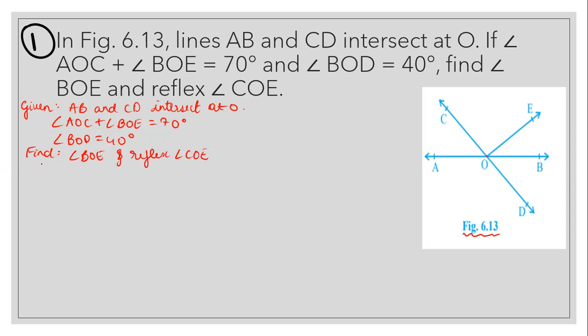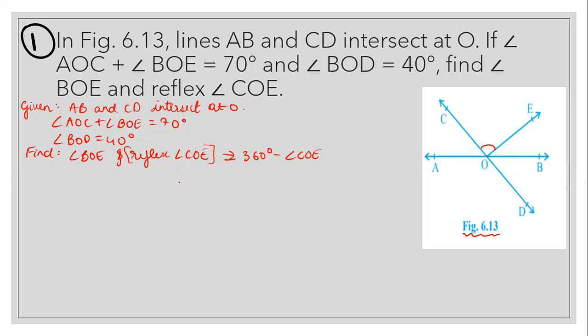If we have to find out a reflex angle, we have a formula. Suppose here we have to find reflex angle COE. We always subtract it from 360 degrees, that is, 360 degrees minus angle COE. Whatever angle COE we find, we subtract it from 360 degrees because it's a reflex angle.